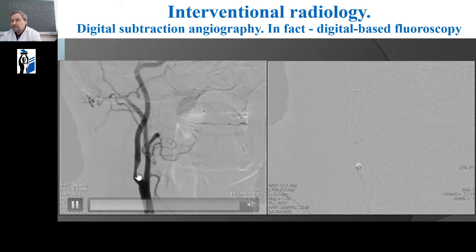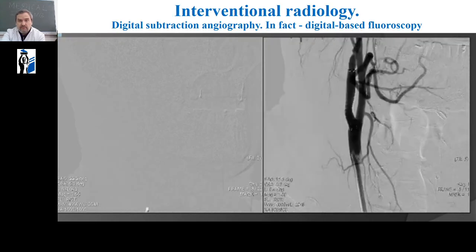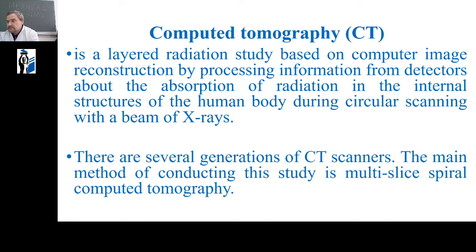The following method, which can be considered a close relative of the X-ray method. In fact, this is one specialty. The full name of computed tomography is X-ray computed tomography.